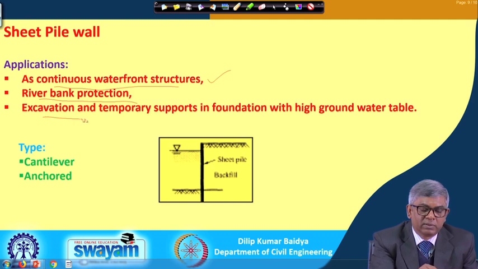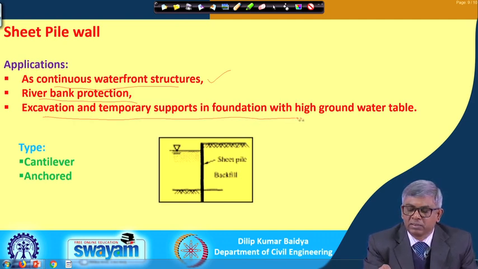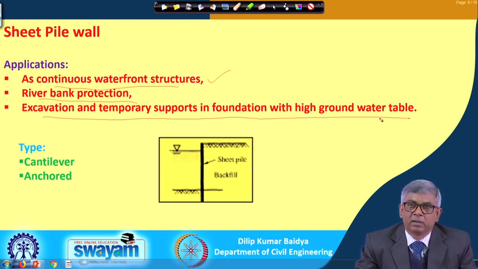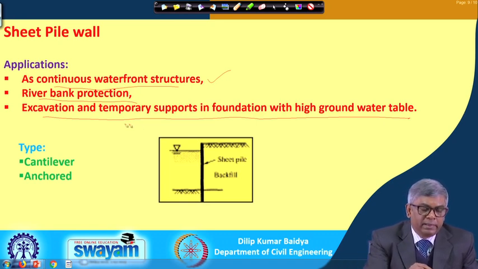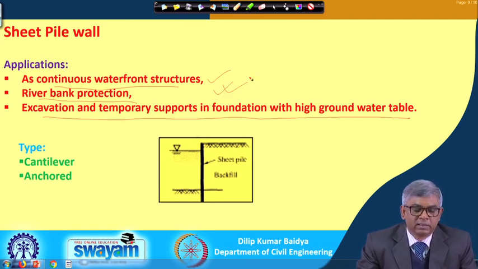Then excavation and temporary supports in foundations with a high groundwater table. When you want to do deep excavation particularly, then we can have this type of support, either temporary or permanent. These are the different types of application of sheet pile wall.